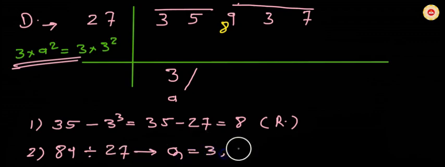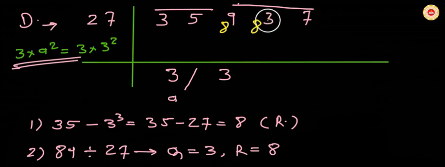So the quotient is 3 and the remainder is 89 minus 81, 8. So write quotient 3 below 89 and write remainder 8 as a prefix to the next digit in the dividend. Now read this as 83.